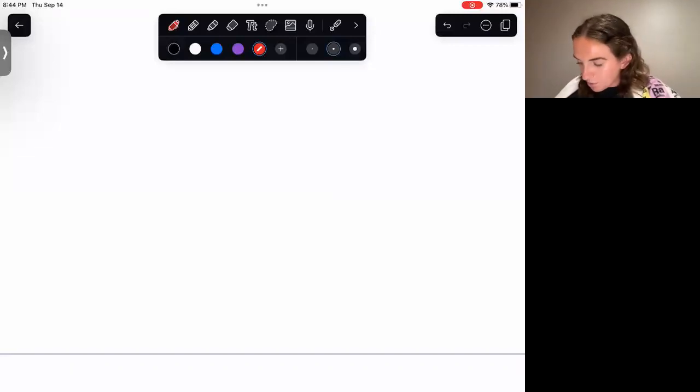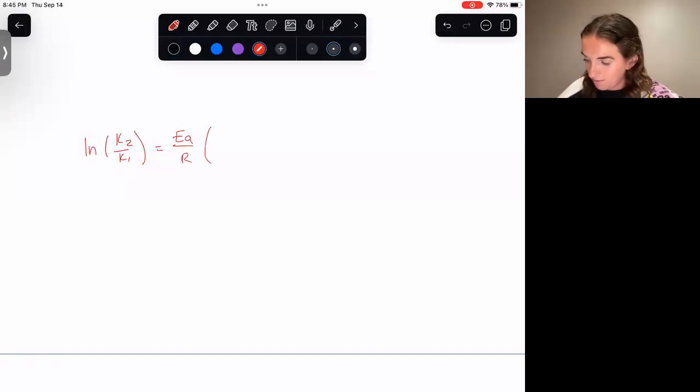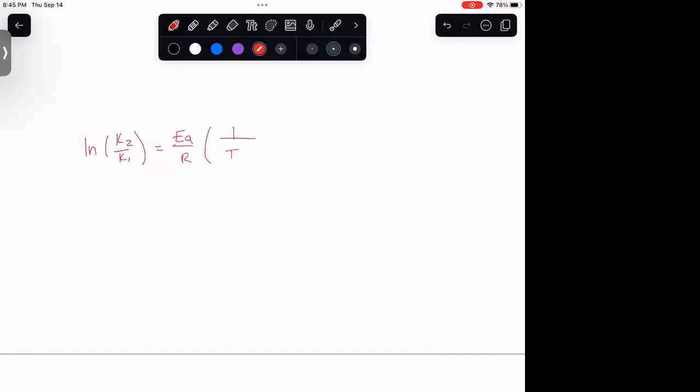So this one is the ln of K2 over K1 equals, does anyone know what it equals on the other side? Positive activation energy over R, and then open parentheses 1 over T2 minus... actually, it'd be T1 in this instance because K2 is over K1. So it'd be 1 over T1 minus 1 over T2.